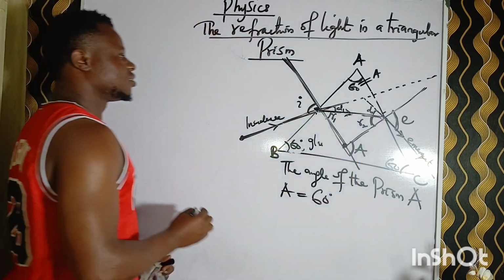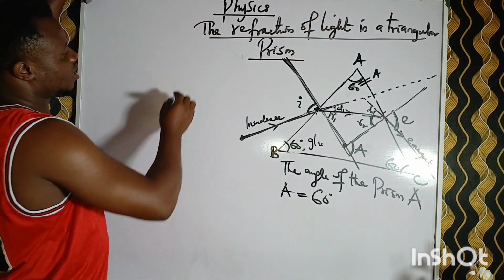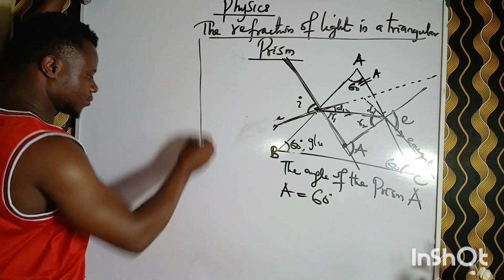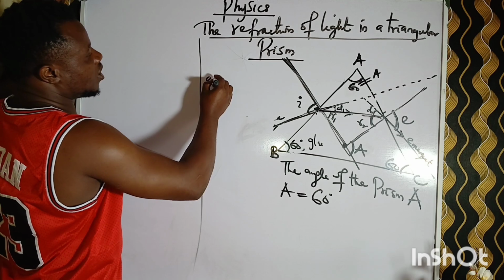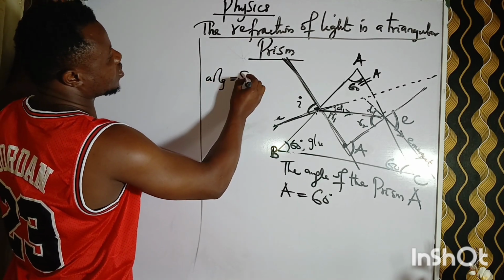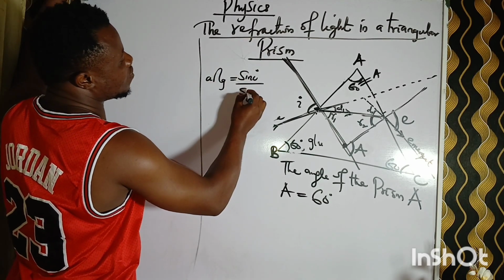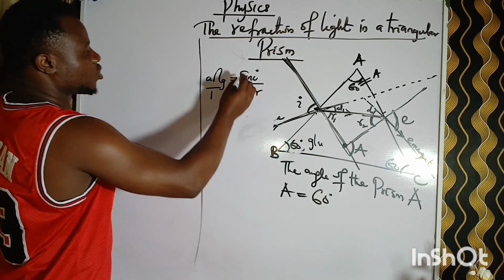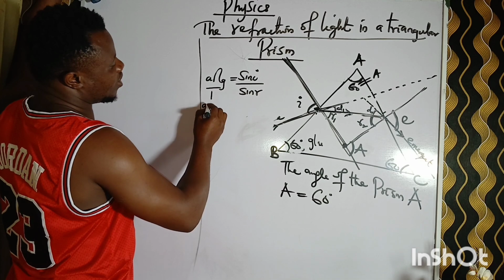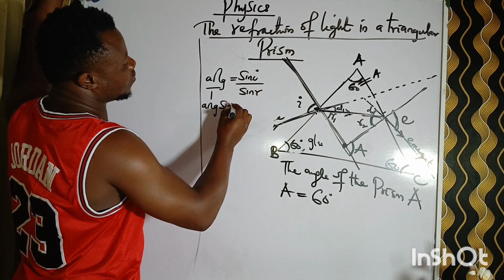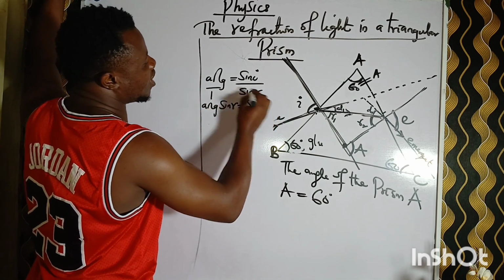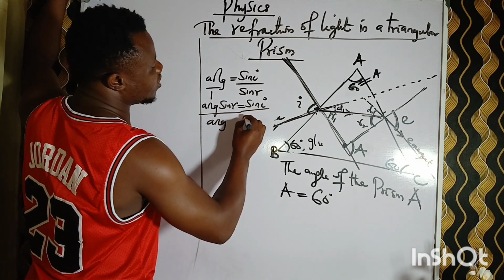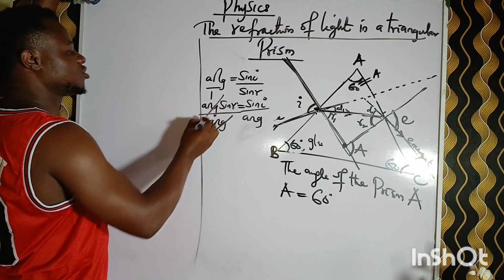What is that analysis? According to Snell's law, air to glass is sine of I over sine of R. So this over 1, when you cross multiply, we are going to have air to glass, sine of R is equal to sine of I. If I divide both sides by air to glass, this cancels this.